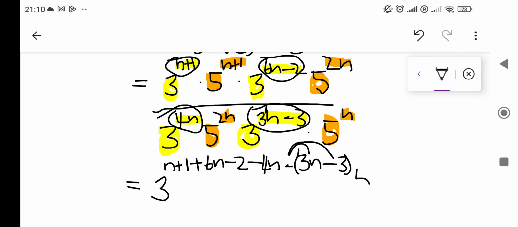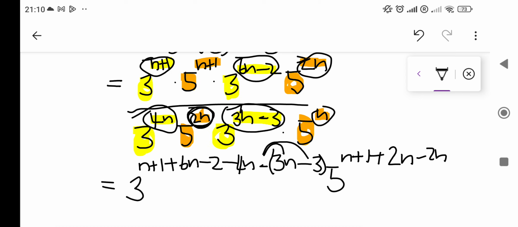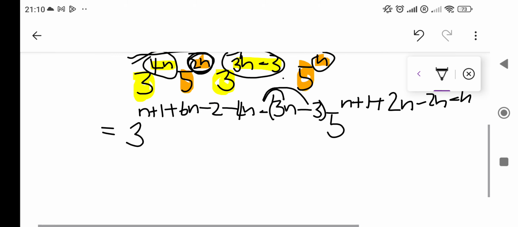This will be 5 to the power of n plus 1 plus the 2n. Okay, so that came from there, and then we are looking at the one at the bottom, so we're going to subtract this one, minus 2n, and then we are going to subtract this one over here, which is minus n.